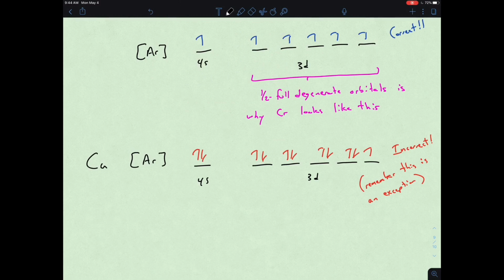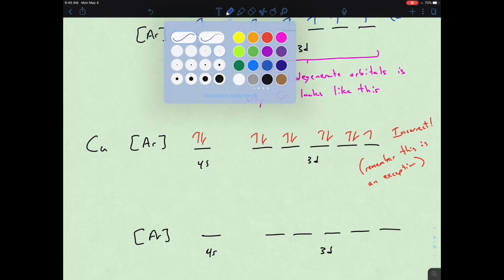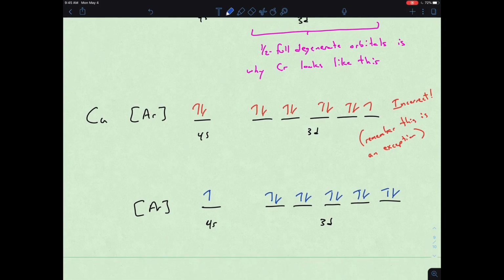And what copper really likes or prefers would be now something like we saw with the chromium, where we have now this set up. And so this is correct.